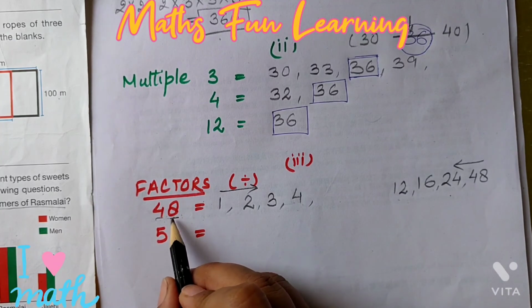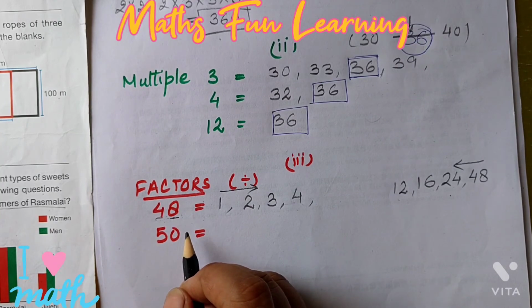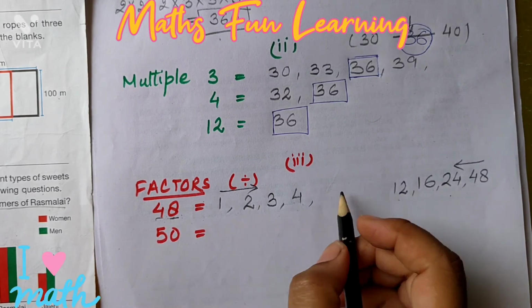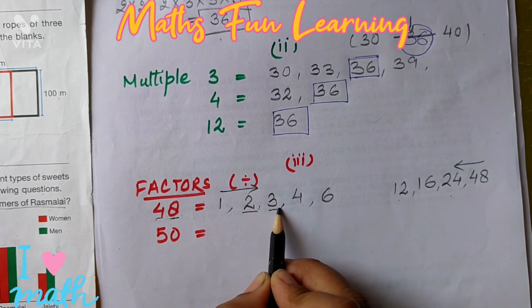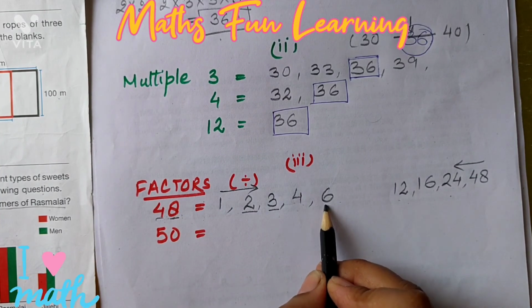5, no, we cannot divide this number by 5, because what is the divisibility rule of 5? 0 or 5 should be in the ones place. Okay, now let's divide it by 6. Kids, if a number is divisible by 2 as well as 3, that means that number is divisible by 6 as well.